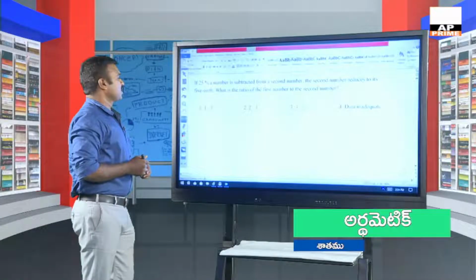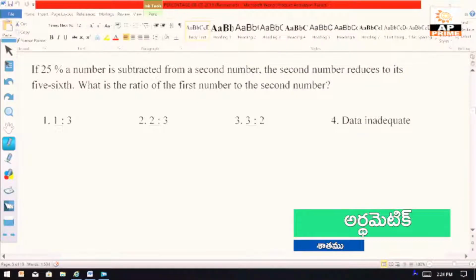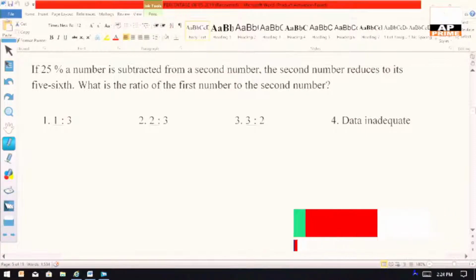Next, if 25% of a number is subtracted from the second number, the second number is reduced to its 5/6.